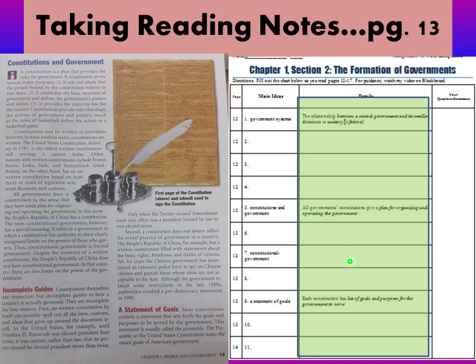It has power, supreme power, but it also puts some power into the hands of the people. And it gives the example of China, and how while China does have a constitution, the people there have a lot less freedom because the government has a stronger hand on what they do. They have more restrictions there.